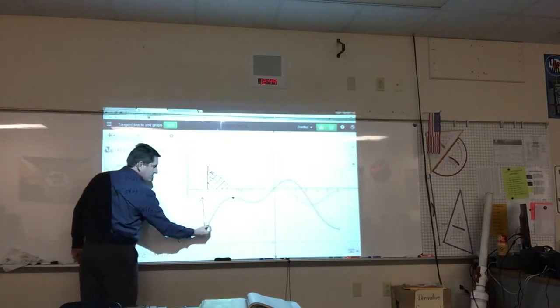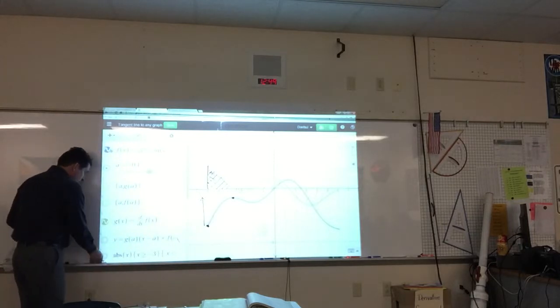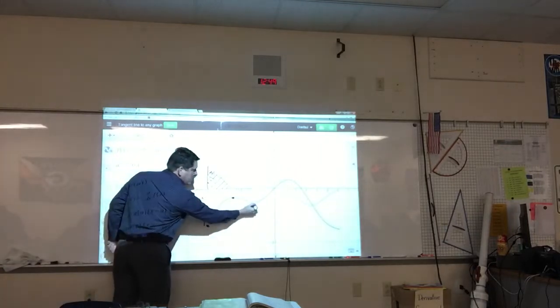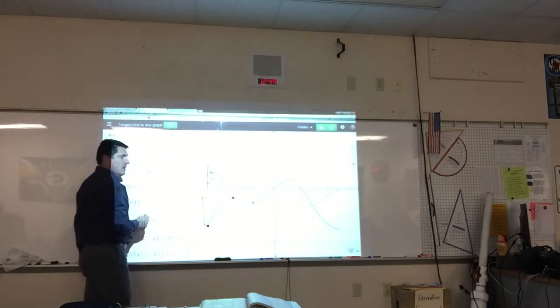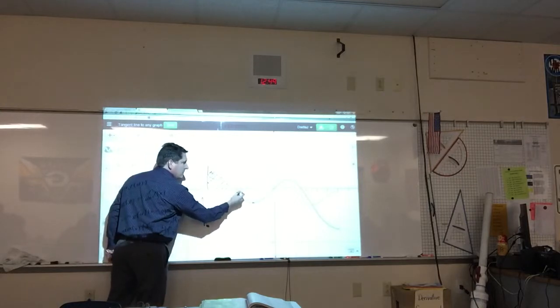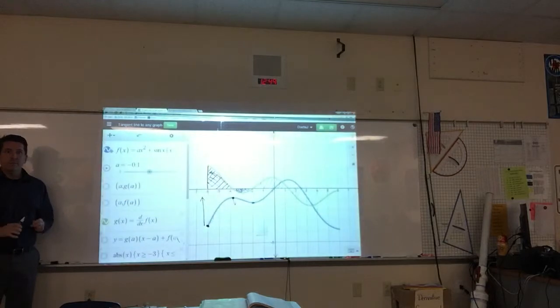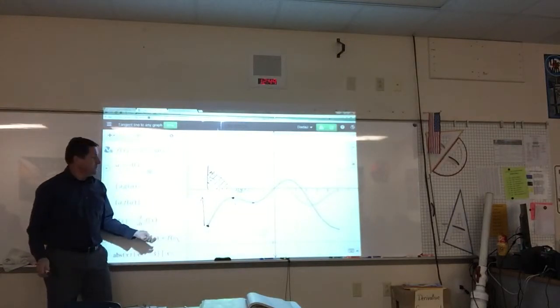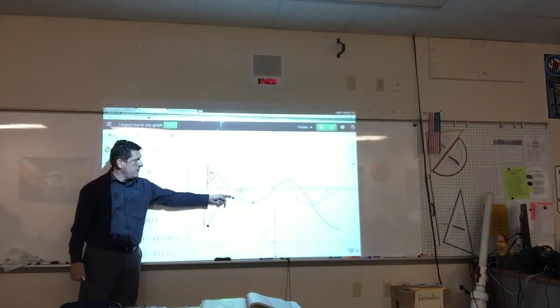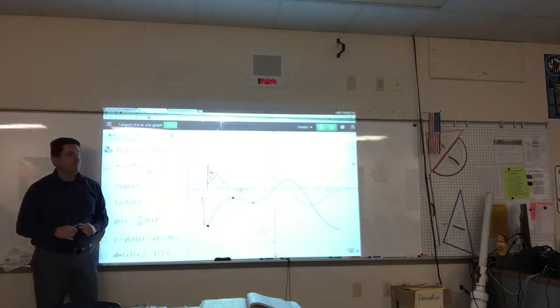The distance it goes from here to here, that's the change upward. Then the function goes down from here to here, it decreases. The amount that it decreases is equal to this area. So you can tell relatively by how much area there is. This amount is bigger than this amount just by looking at it. So you know that the function increases higher than it decreases by looking at the area.